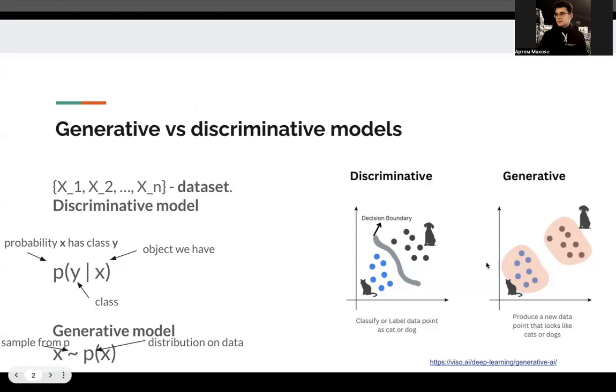A GAN tries to find a good place for this distribution with high probabilities. For example, it says, let's take the latent space here, and thus we will generate only cats. Or in another training, we will map the Gaussian distribution here, and it will generate only dogs. So it tries to maximize the probabilities of its generations.